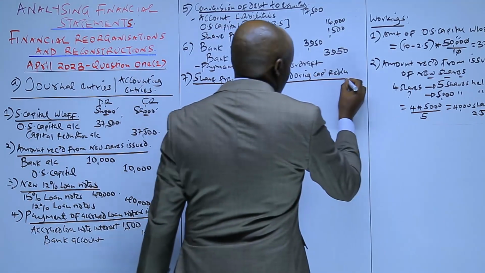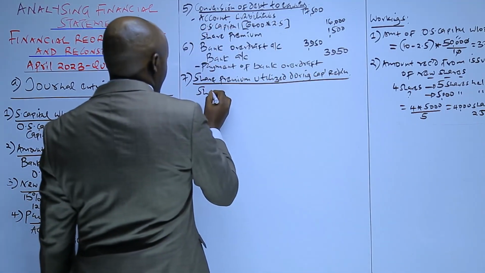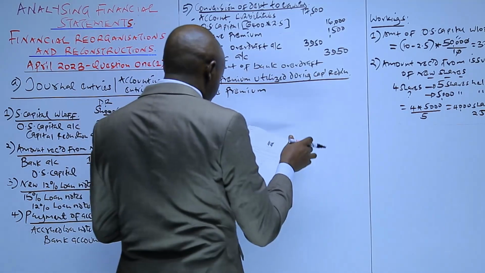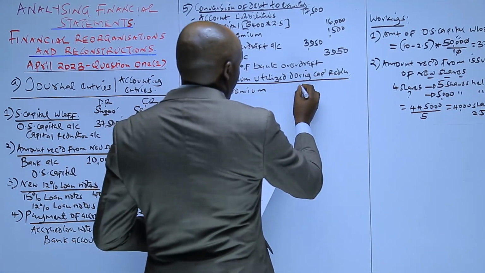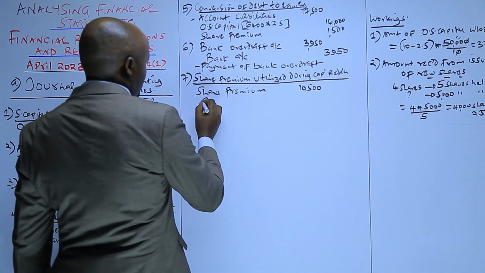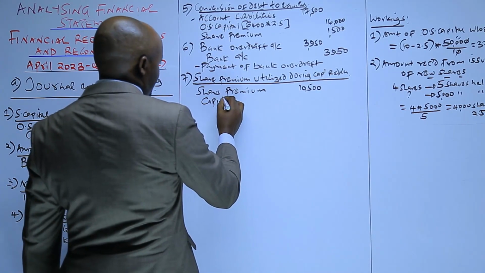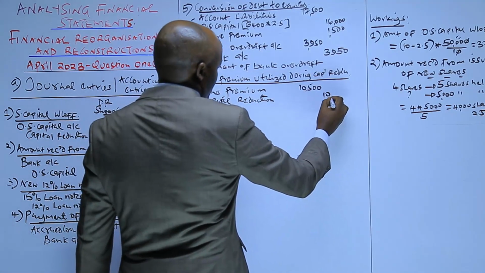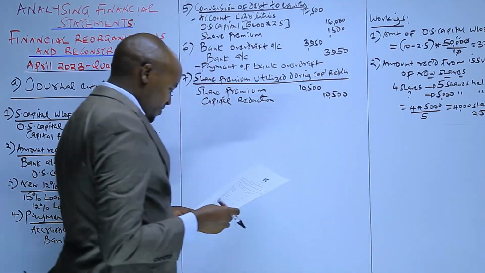I've said we debit the share premium account with the amount of the share premium. As per the statement of financial position, it was 10.5, and then we do what? We credit the capital reduction account with the same amount of money. So we are done with that.